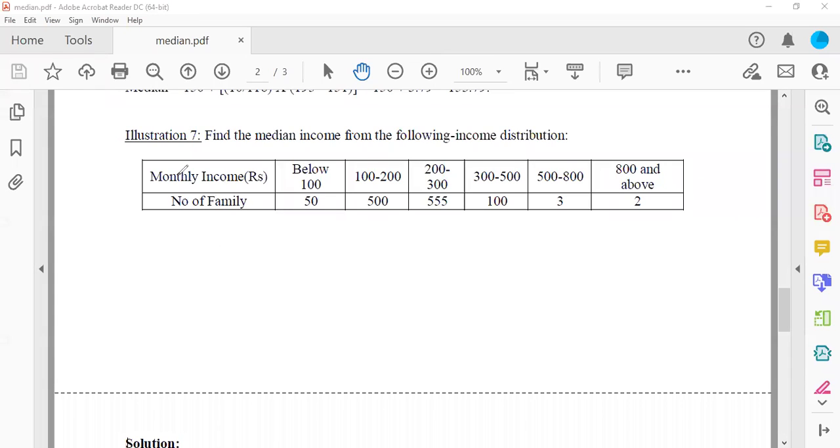If we draw this, we can take X and F frequency, and try to draw a frequency polygon, X versus F. So below 100, say this point is assuming below 100. This point is assuming 100 to 150, for example. You can assume this is 50, this is 250, and this is 400.